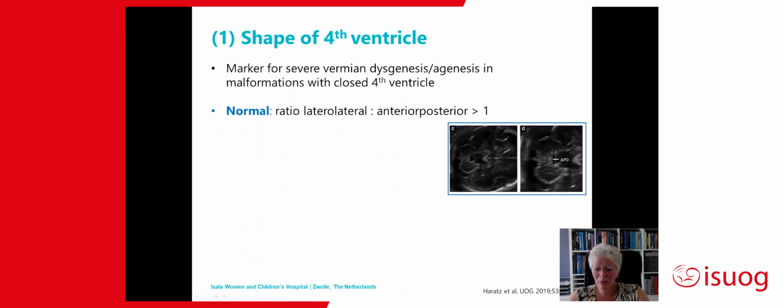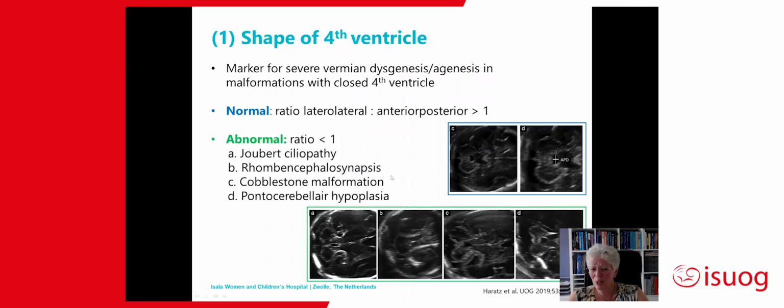And this is a study by Haratz et al. And she says in a normal fourth ventricle, the width of the fourth ventricle should be bigger than the height of the fourth ventricle. And so this ratio should be more than 1. And if this ratio is below 1, then something's wrong.